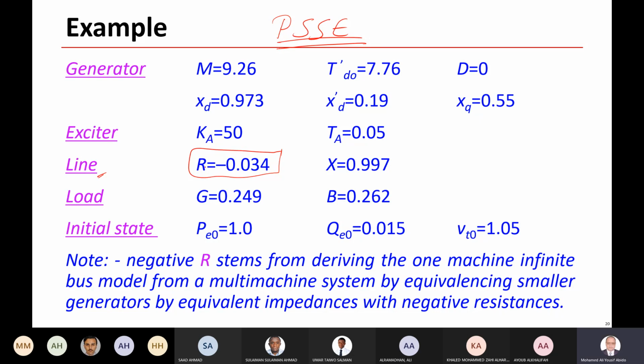This R is not a physical resistance, but an equivalent resistance to some of the generation which is netted with the load. So negative R stems from deriving the one machine infinite bus model from a multi-machine system by equivalencing smaller generators by equivalent impedances with negative resistances.